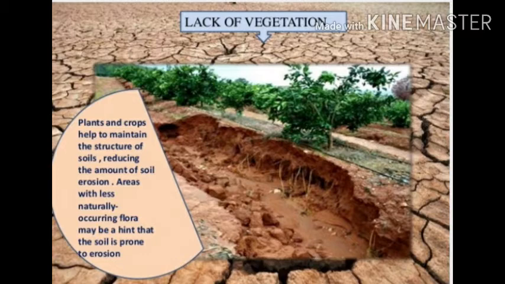But where the areas or regions have less naturally occurring flora or proper vegetation, it is basically a clear hint that there are chances of soil erosion to occur in such regions and areas.